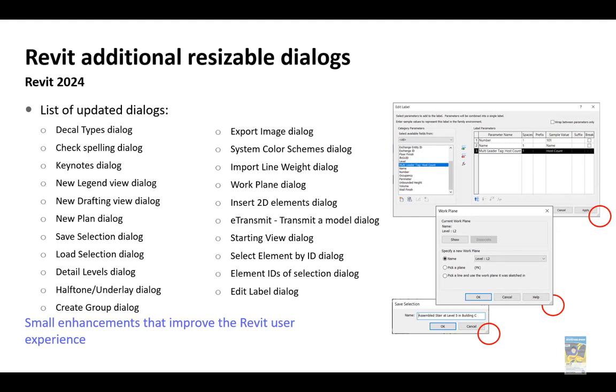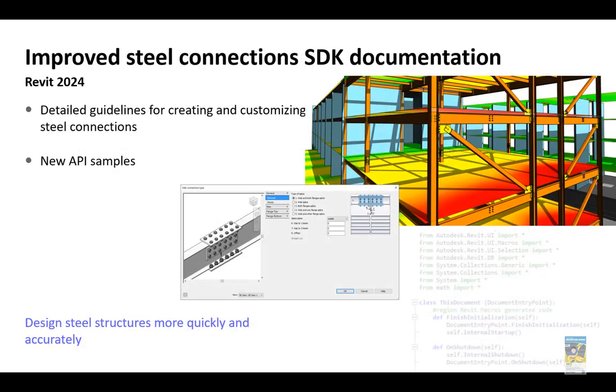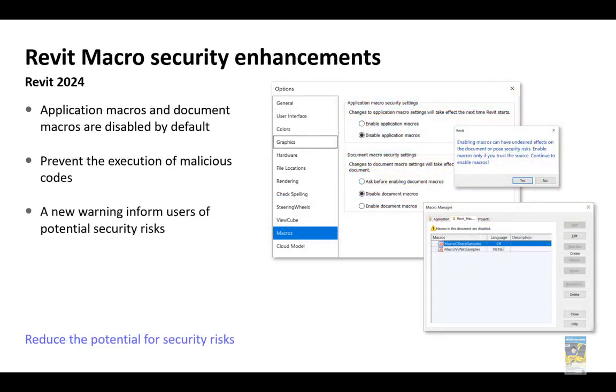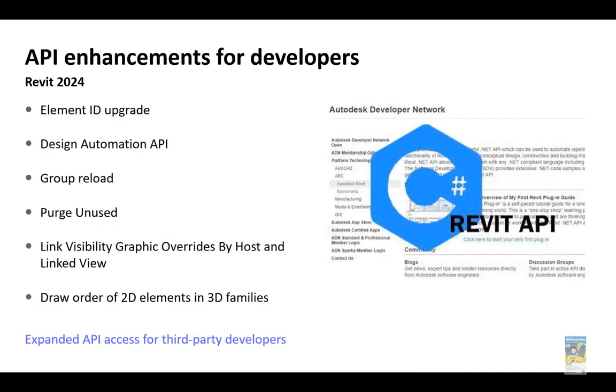And a lot of dialog boxes that you could not resize are now resizable. You have improved steel connections for your SDK documentation. You have macro security enhancements as well. API enhancements for the developers continue to improve over time too.